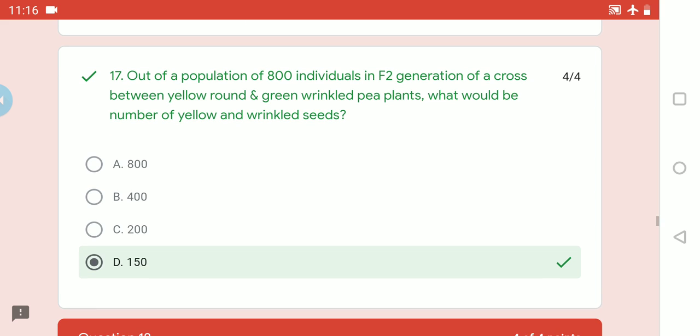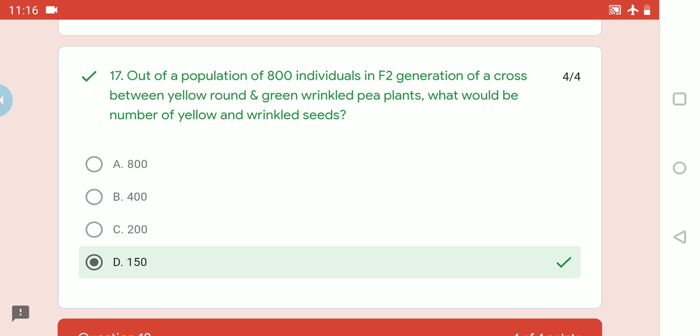The next one, this question, the 17th one: out of a population of 800 individuals, note down the number of the population is 800. In F2 generation of a cross between yellow round and green wrinkled pea plants, what would be the number of yellow wrinkled seeds?